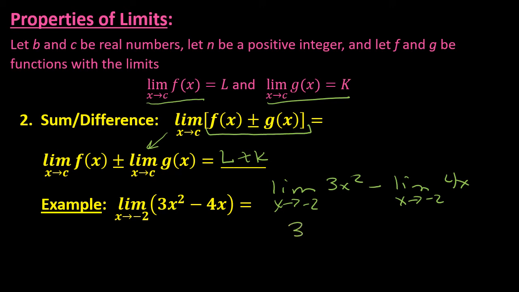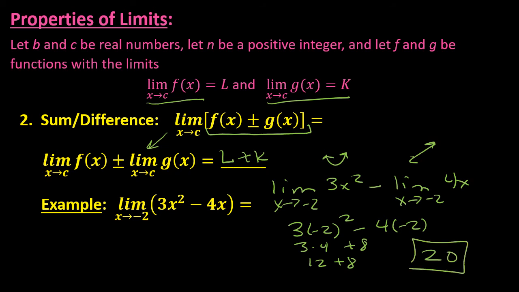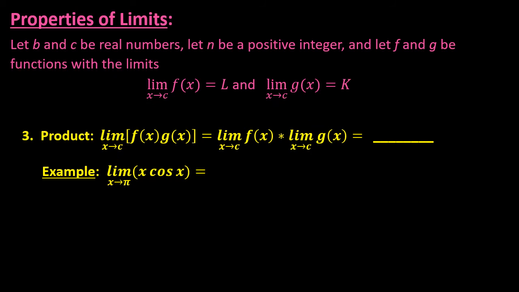If we substitute in -2, this is a quadratic function, and because a parabola is continuous over the entire domain, I know that it's continuous everywhere, so I can just do direct substitution. 4x is a line, and it's also continuous over the entire domain, so I can also do direct substitution. I don't have a calculator, so I get 12 plus 8, and in the end, this is going to equal 20.